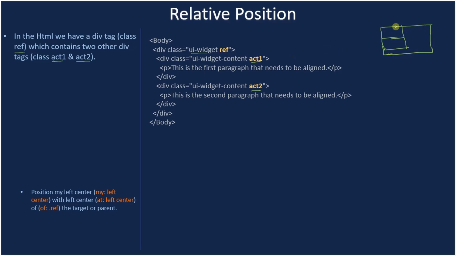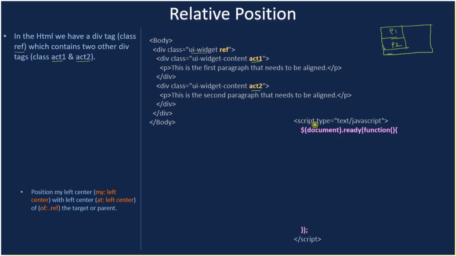After that, the first paragraph will be inside the blue box, 200 pixel width. Then after this, the second paragraph will appear. That's the default alignment. We haven't used any position utility at this moment, so this is the default behavior, paragraph 1 and paragraph 2.